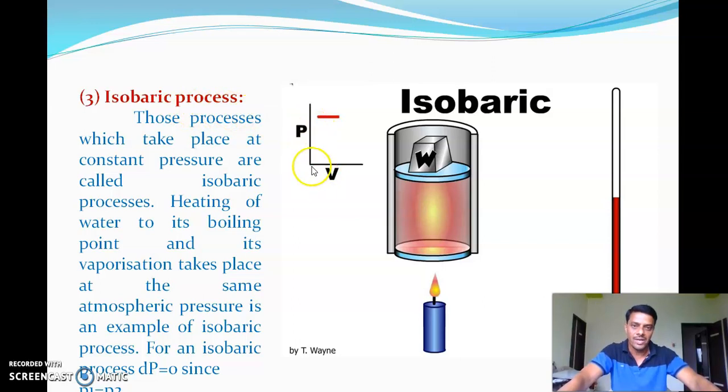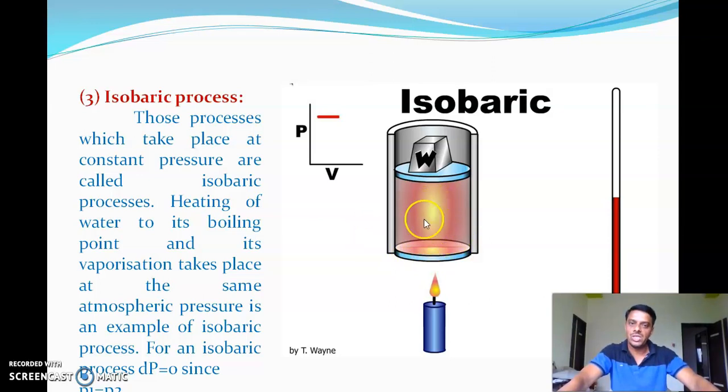Here on the x-axis volume is taken, on the y-axis pressure is taken. During the heating of this gas, we are changing the state of the system, we are carrying out the process.